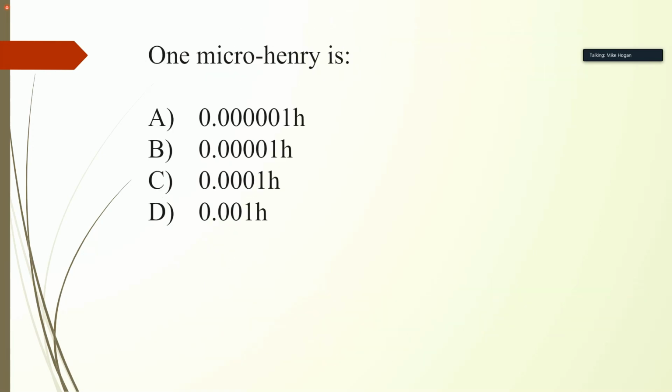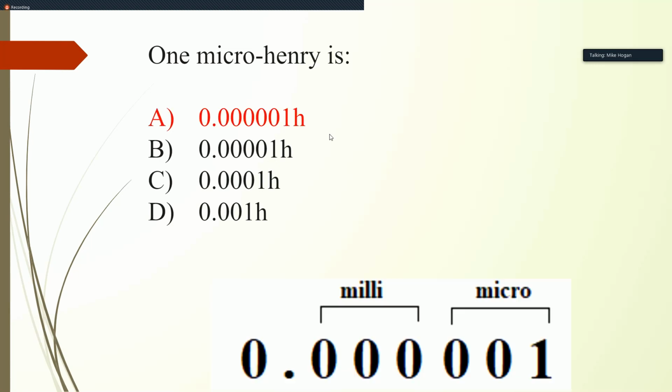1 microhenry is A? So micro is 10 to the what? Minus 6. Minus 6, right? So 1, 2, 3, 4, 5, 6. That looks right. So it looks like A, right?